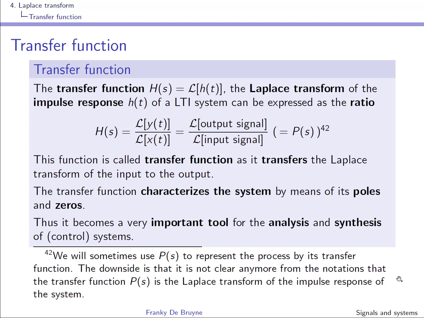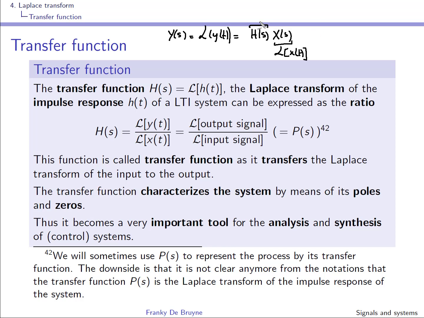So we've just seen that y of s, that's the Laplace transform of y of t, can be written as h of s times x of s, and x of s is the Laplace transform of x of t. We've seen also that the transfer function is the Laplace transform of the impulse response.